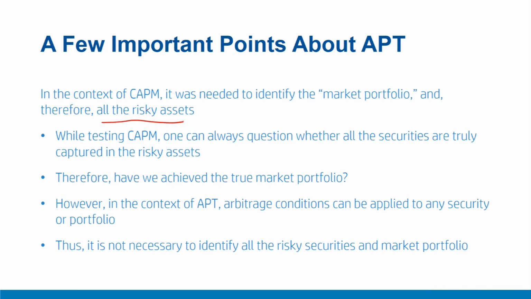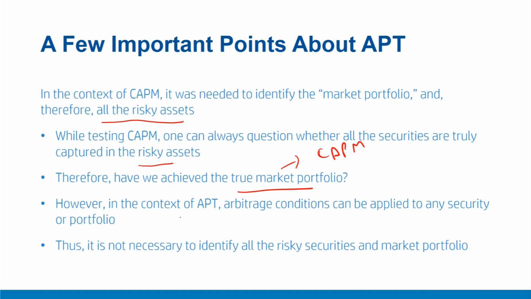While testing CAPM, one can always come back and question whether all those securities are truly captured in this risky asset set. That means, have we identified all the risky assets? This is a critical question and a difficult one at that. So, have we truly constructed the market portfolio? This question needs to be answered while working with CAPM.